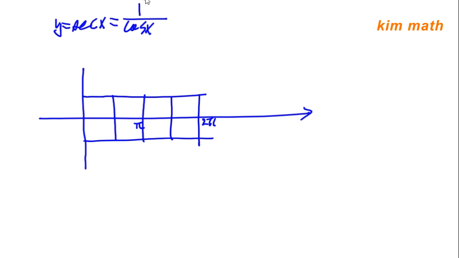And the cosine graph will move from positive 1 here, right?